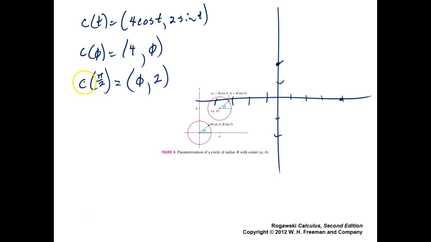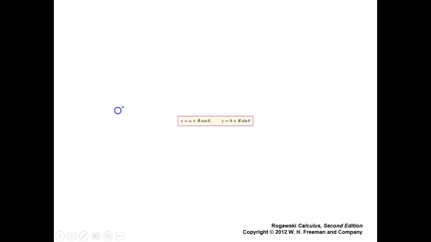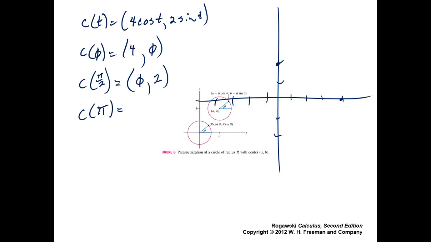Okay, give me another t. Oh, I like it. Okay, y'all are catching me. What's the cosine of pi? -1 times 4 is -4. Sine of pi times 2 is 0. So -4, 0. There we have that one.